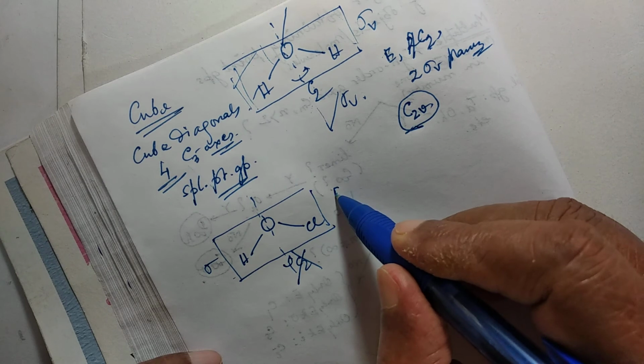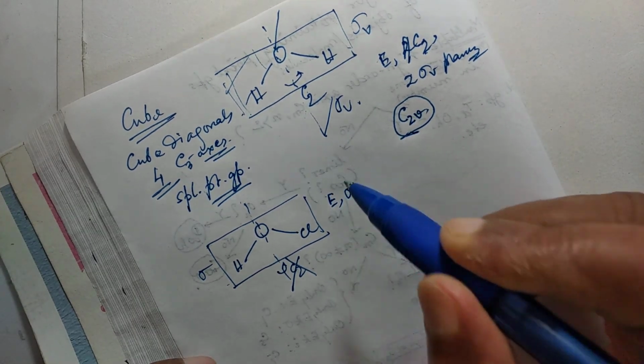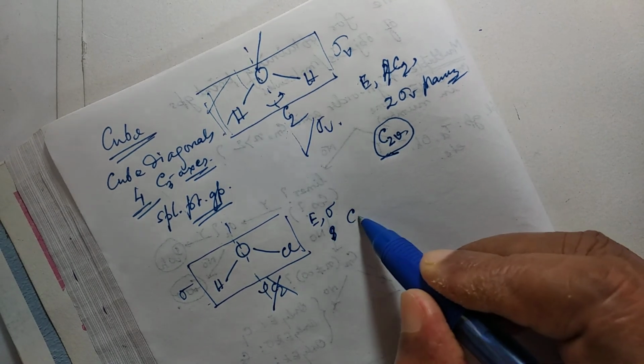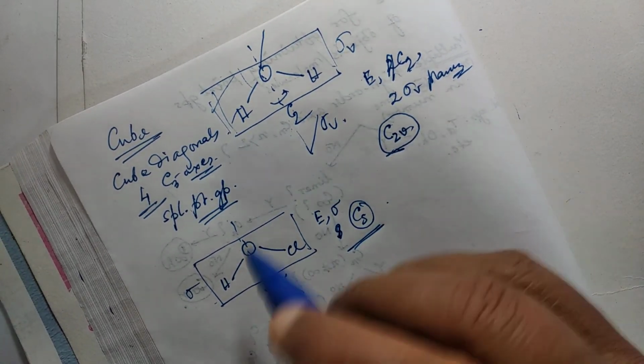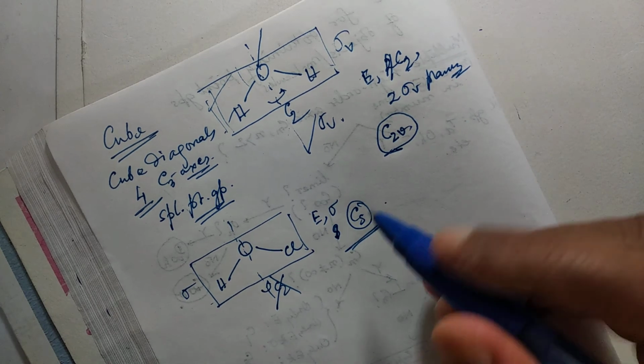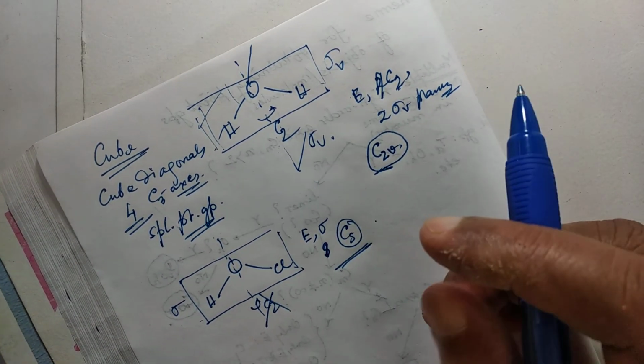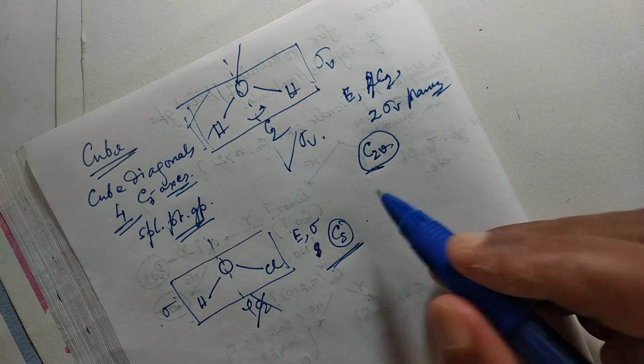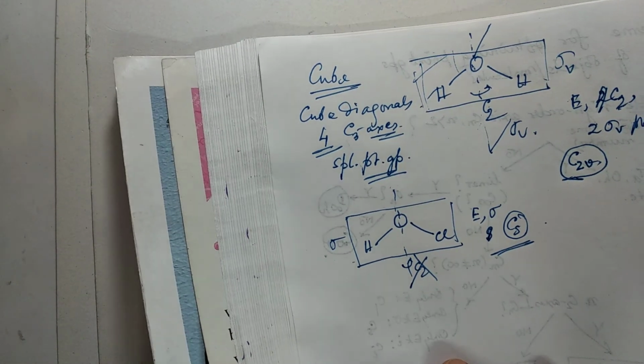So this object has only identity and sigma, reflection plane. So the point group is Cs. These are some simple examples. I will consider more examples with complicated structures in my later videos. Thank you very much for watching this video.